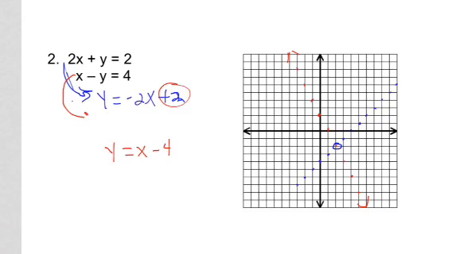Just a reminder that those continue. So what we got is a positive 2 on the x, a negative 2 on the y. Let's see if those are correct.